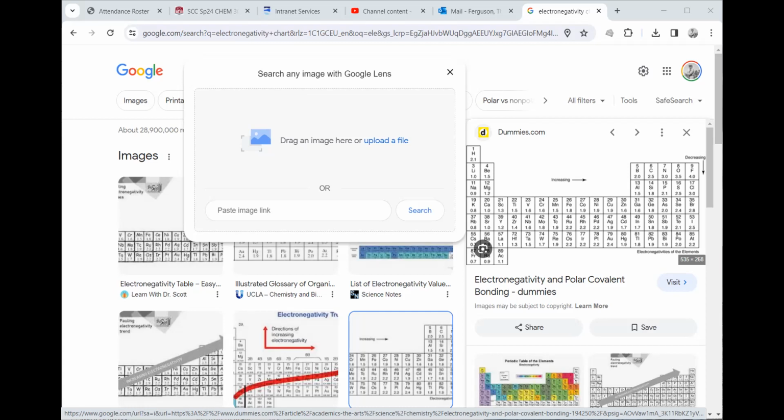Hence, you have a polar molecule. Now, these London dispersion forces are very, very weak. But all molecules, no exceptions, have London dispersion forces.